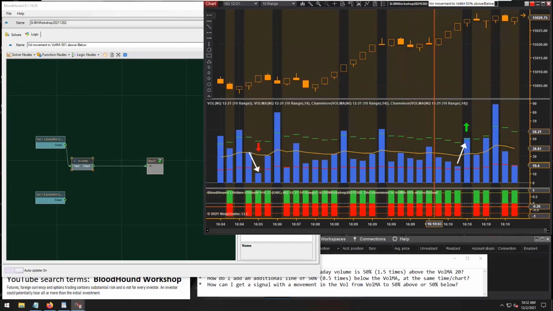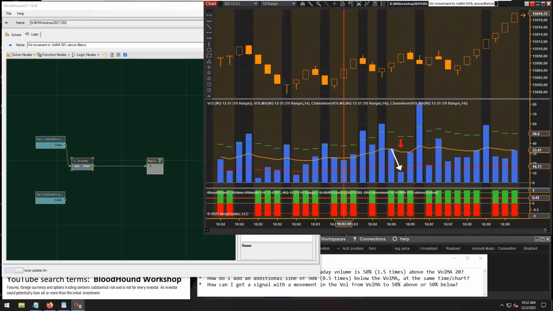So we have the opposite result now. However, these bars here, I'll mark it with a dot. There we go. The bars where the volume is less than 50% are being marked as well.